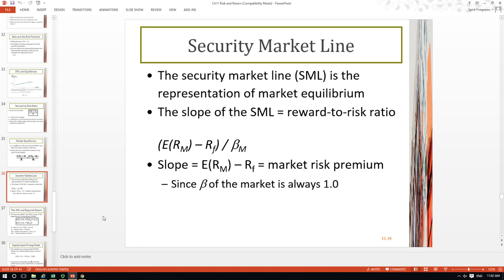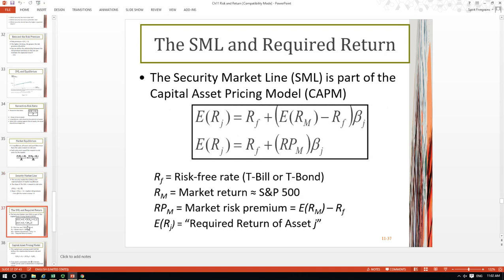Here's more information about the security market line and the slope of the security market line, which is called the reward to risk ratio. If we express this security market line mathematically, you will get this equation.